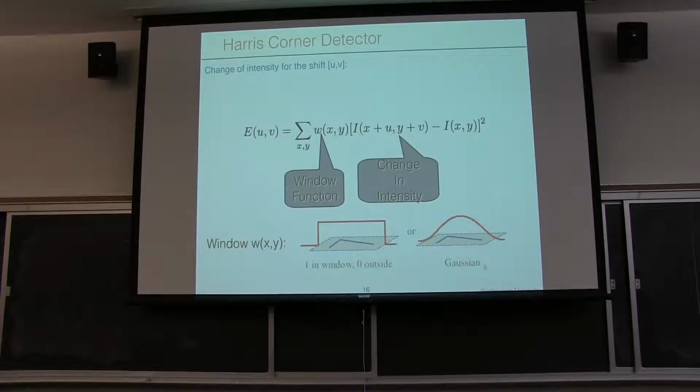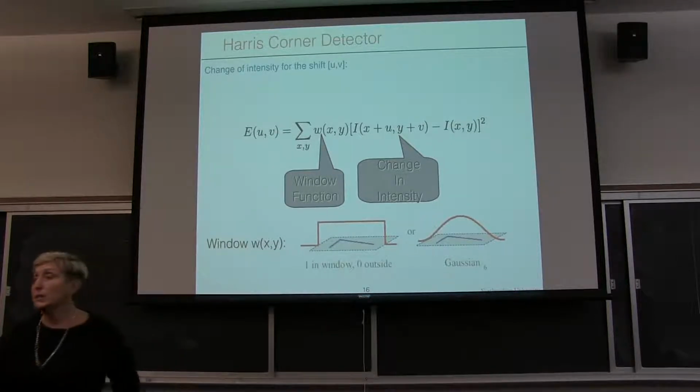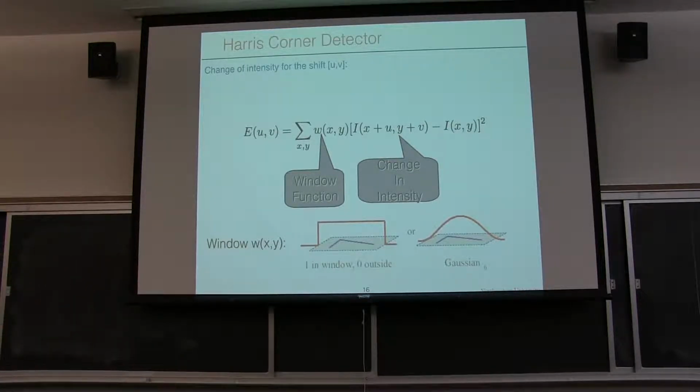And I started now showing the math of how somebody could actually figure out the algorithm, right? So I don't have an oracle that usually tells me things. So somebody had to sit down and think about how to design this algorithm. And this is how they came about, right? So the idea is that we're going to look at how much the intensity changes in a small neighborhood when I move around.